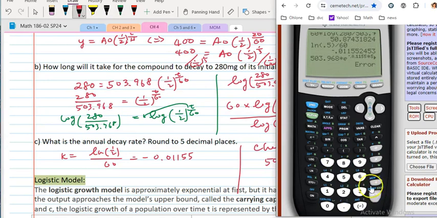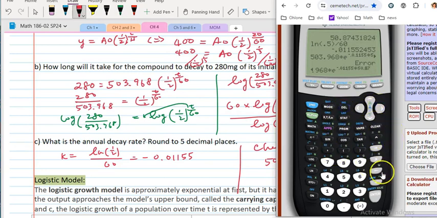Yeah. What was wrong? Let's see. 968 times, maybe it's this one. 0.088 times 50. Oh, there's a dot here.